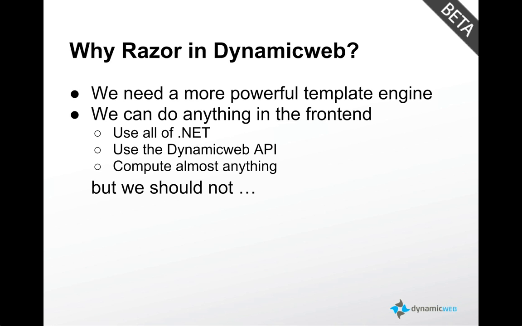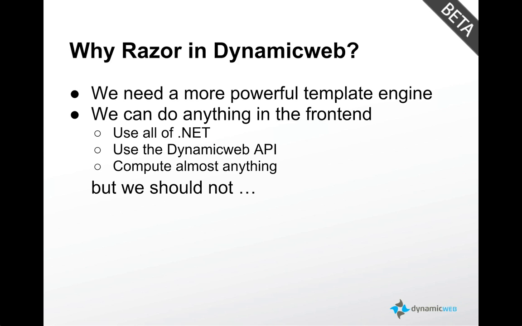But sometimes when you do front-end development, there are some basic things that you want to do that you cannot do using XSLT. You can probably do it, but it may be very, very hard. Or you use the Dynamicweb HTML template engine, where you cannot do a lot of stuff that you need to do.